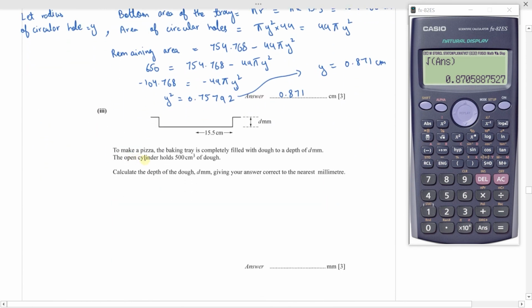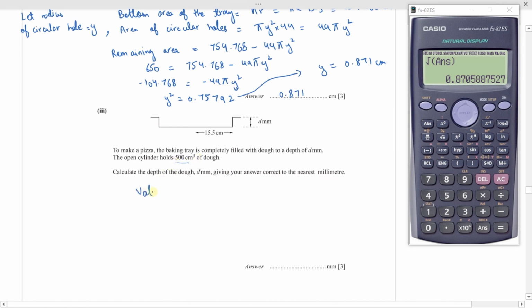Part 3 is to make a pizza. The baking tray is completely filled with dough to a depth of d millimeters. The open cylinder holds 500 centimeter cube of dough. Calculate the depth of the dough d millimeter, giving your answer correct to the nearest millimeter. We know that the cylinder can hold 500 centimeter cube of dough.